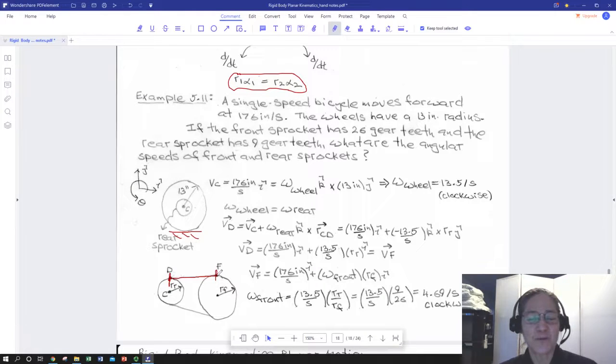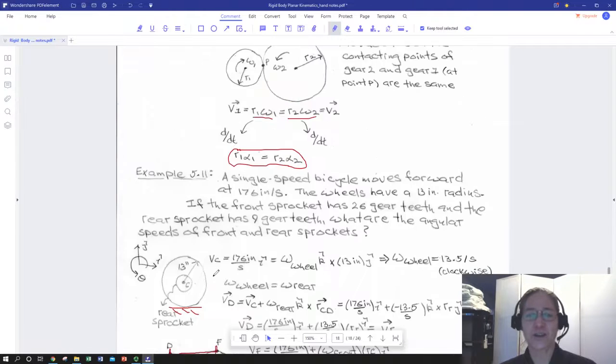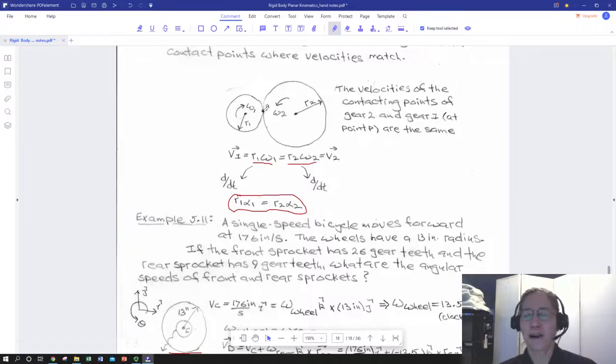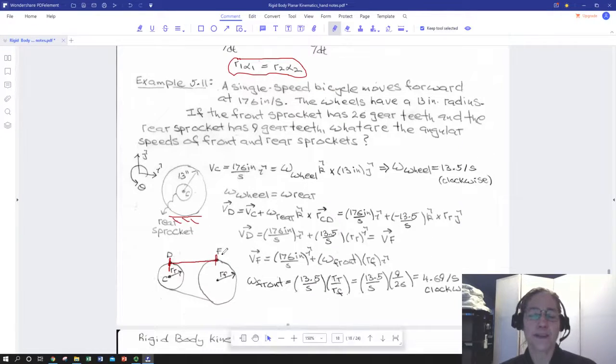But if you take the fact that the chain between points D and F doesn't stretch, then the velocity of point D and the velocity of point F match, just like point P on these two meshed gears. So you can use that relationship to relate velocities of these two points on these two different sprockets or gears, and having a ratio of their radii, you can get a ratio of their angular velocities, which is what was asked for in the question.